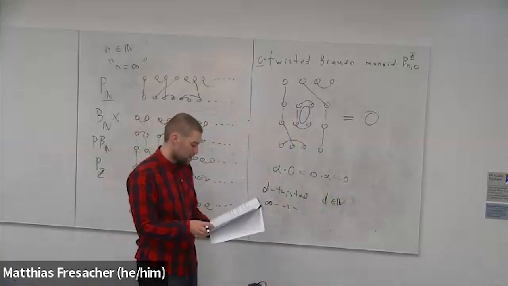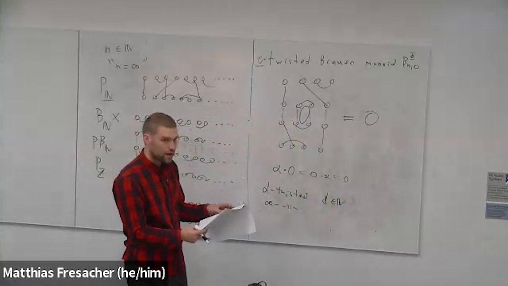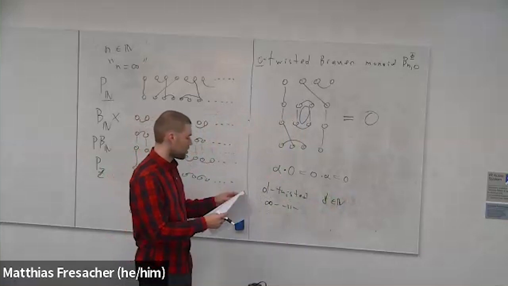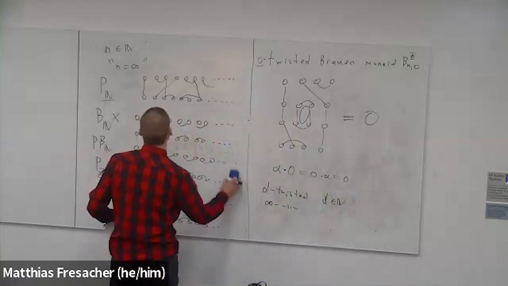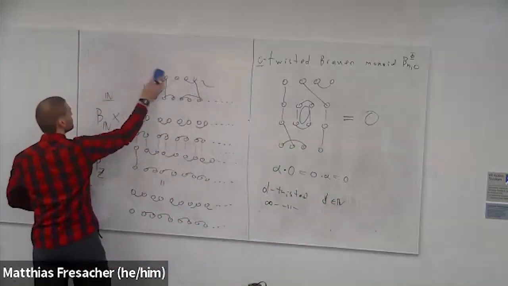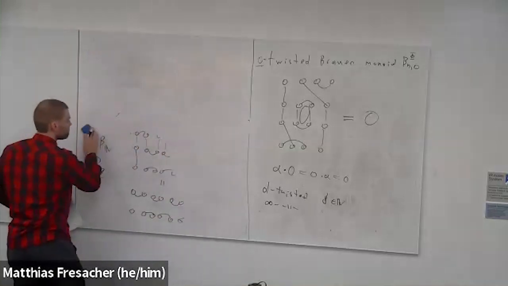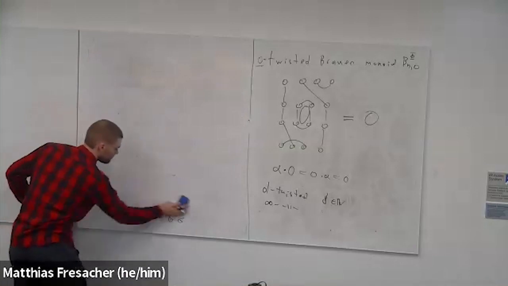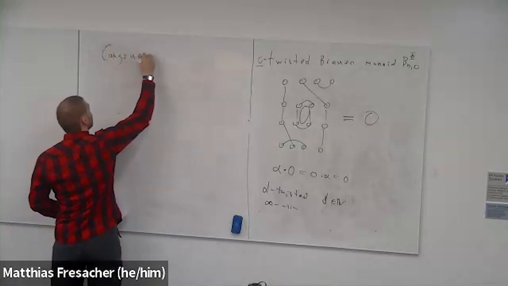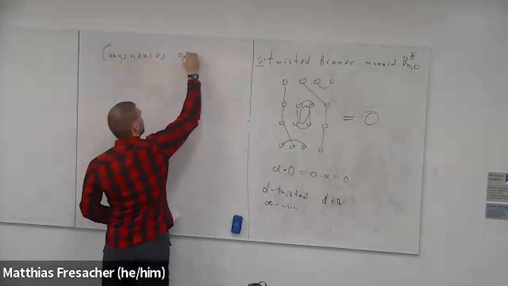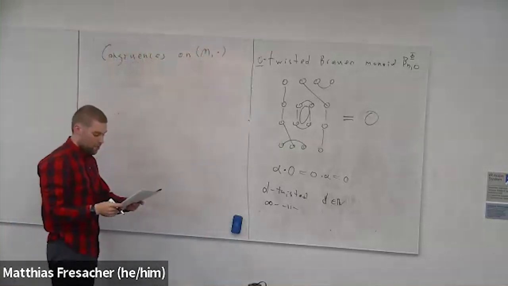Instead, what we are going to do is skip ahead a little, and look at some congruences. So, let's make some space. So congruences on, say, some monoid M without multiplication.